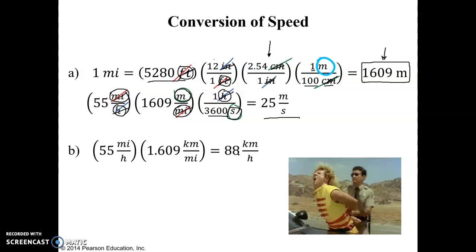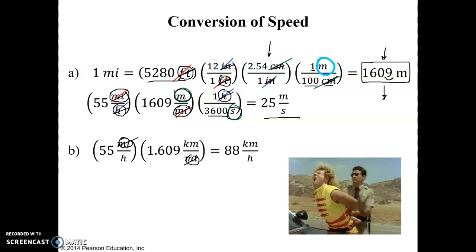Okay, now let's say we want to convert that to kilometers per hour. Okay, so I take my 55 miles per hour. I'm going to get rid of the miles. Miles is on top here. Put it on the bottom over here. We want kilometers on top. Now, before we found that it's 1609 meters for every 1 mile, but if we convert this to kilometers, kilo is 1,000 or 10 to the third.